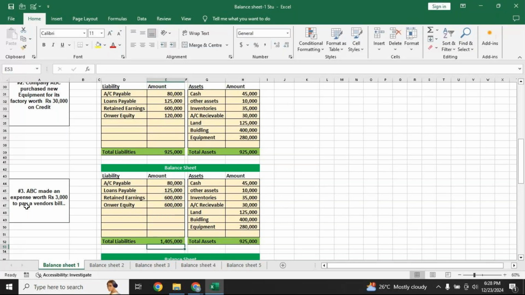So in the third one, ABC made expenses worth rupees 3,000 to pay the vendor bills. So from the cash, I have to reduce 3,000 rupees, which I am spending, minus 3,000. To pay the vendor's bill means what I am supposed to pay, from there I need to reduce.